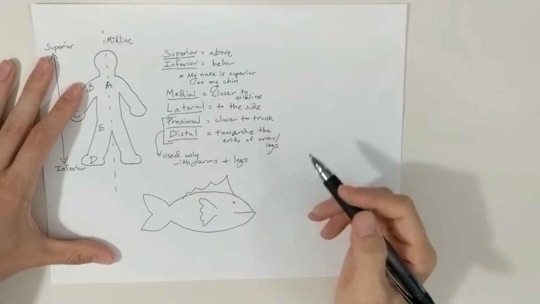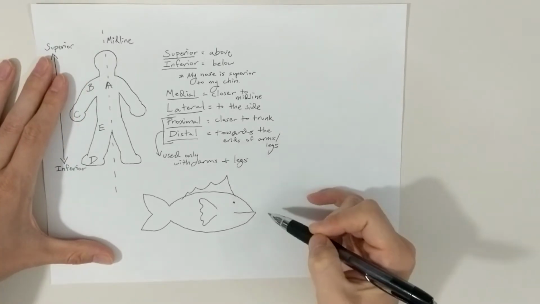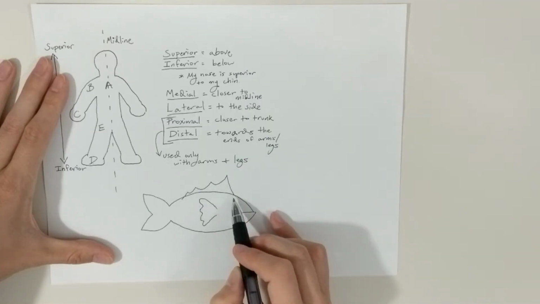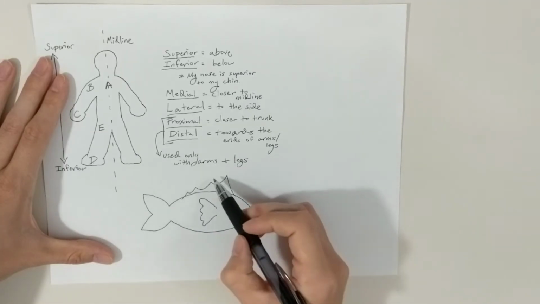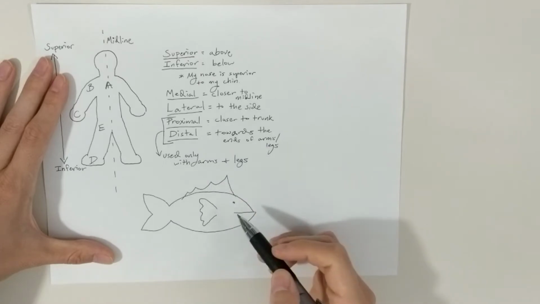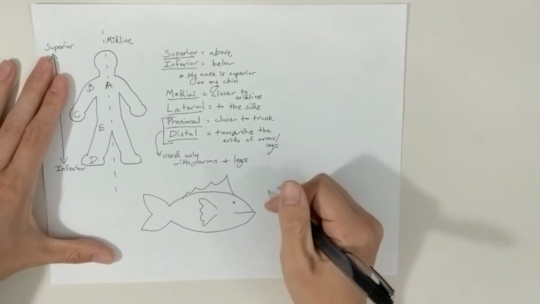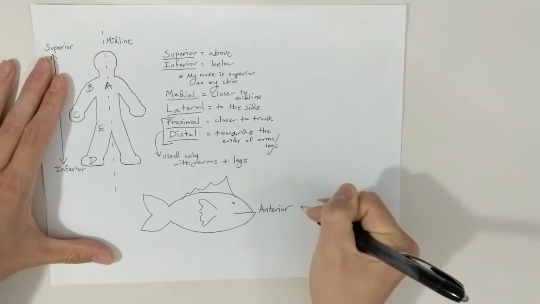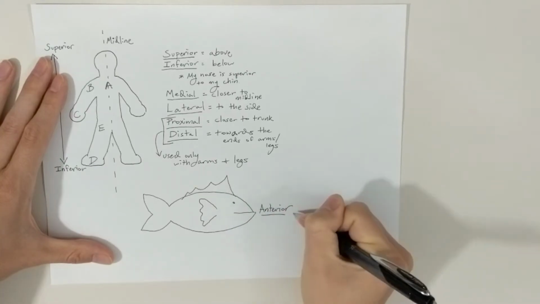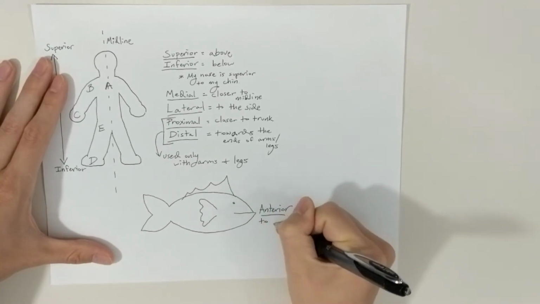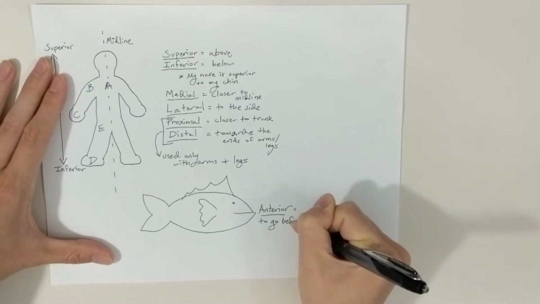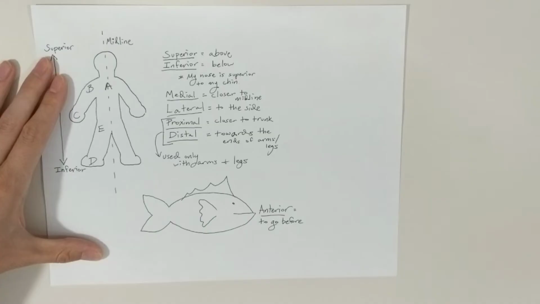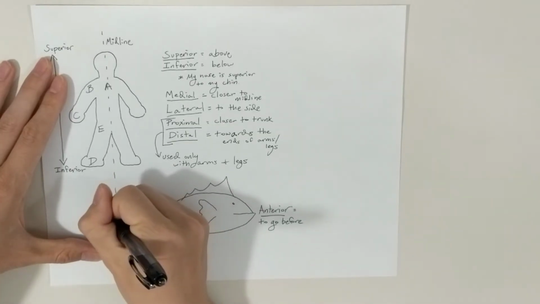The terms work a little bit differently if you've got multiple sides here. So we've got kind of a front, a back, also what we'd refer to as the back here, and then the belly. So with the fish, the word anterior goes in the front. Anterior translates to go before. Opposite of anterior is posterior.